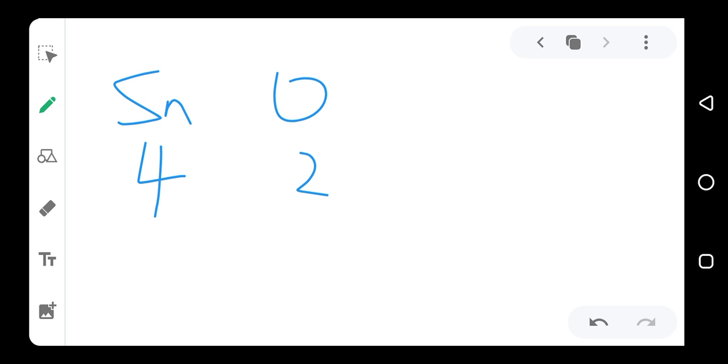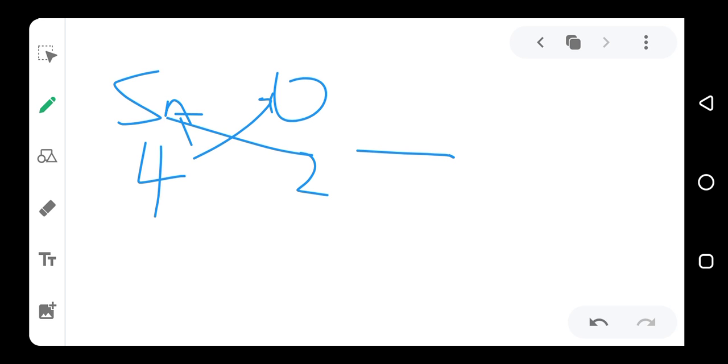If we have tin, which is Sn, the valency is 4, and we have oxygen, the valency is 2. If they want to combine, this goes to this and this comes to this.